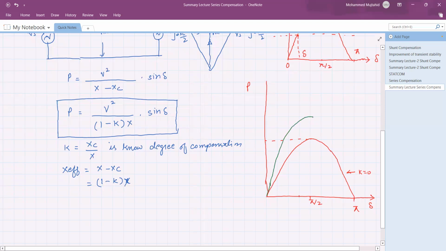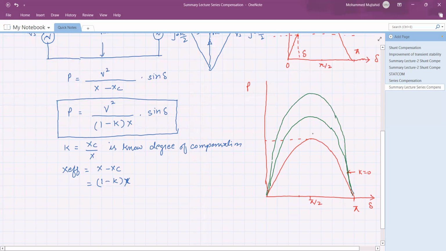So this is the curve when K is equal to some value. Again, we can increase K to a higher degree of compensation.